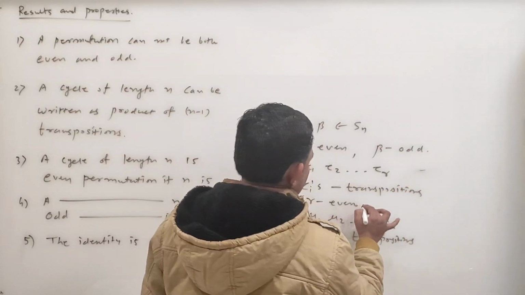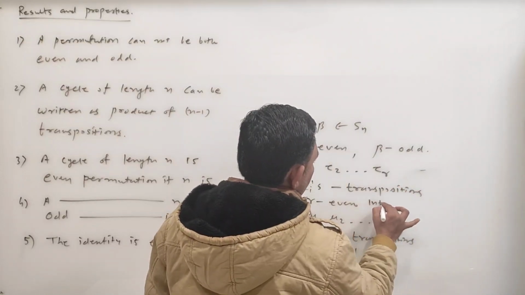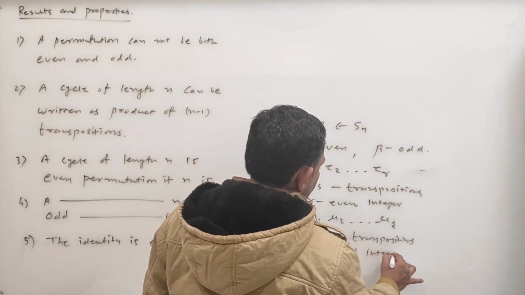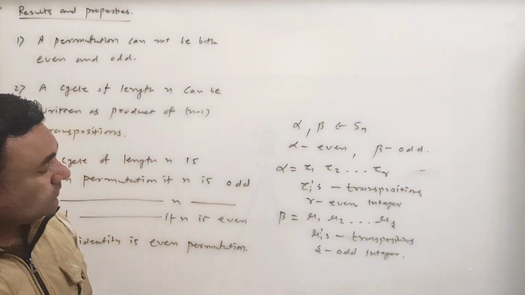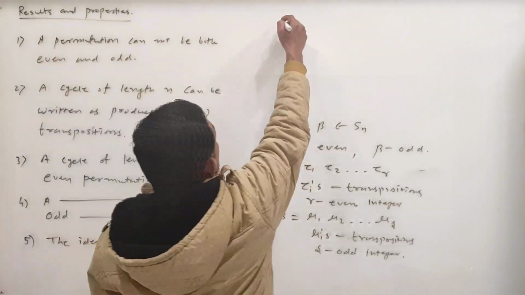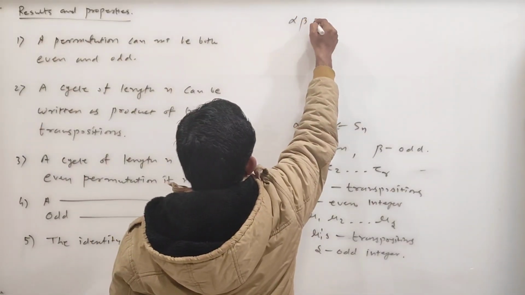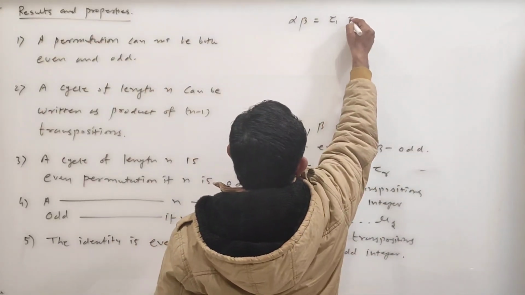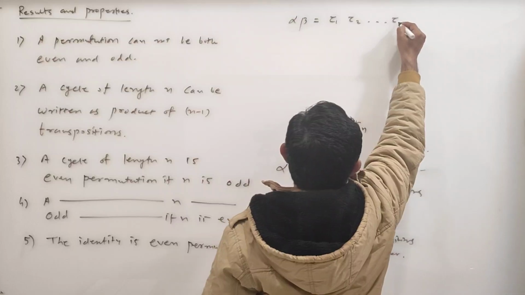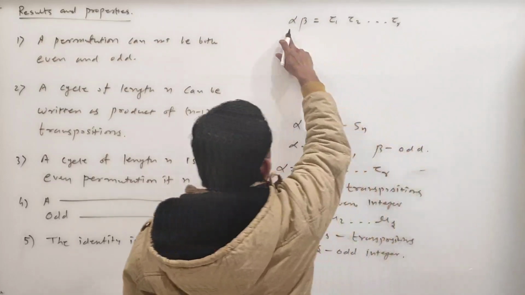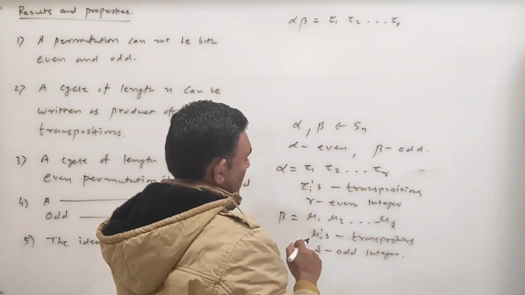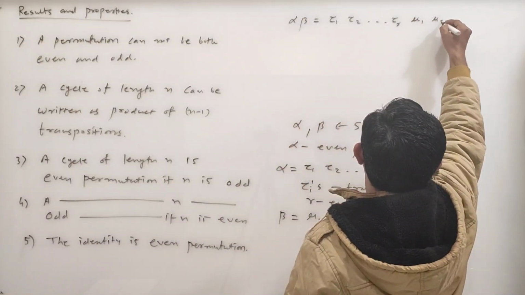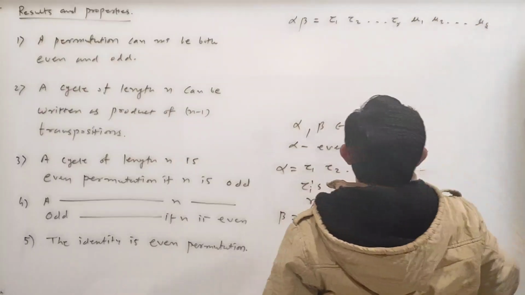Let me write here, r is an even integer and s is an odd integer, right? Now I want to find alpha beta. So alpha into beta is tau 1 tau 2 up to tau r, times mu 1, mu 2 up to mu s.